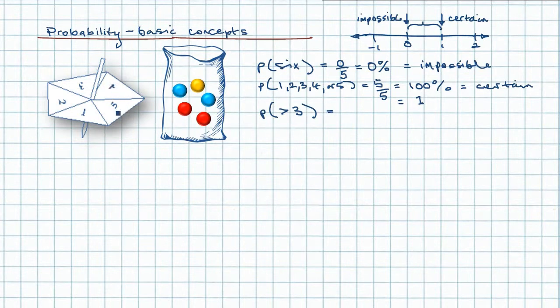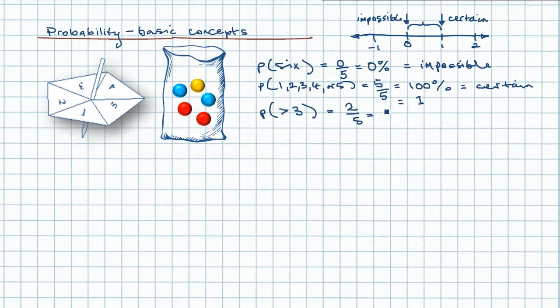There are two possible outcomes, 4 or 5, that's 2/5 of our spinner. And so we simply write it as 2/5. We've got two equally probable outcomes, so 4 and 5, 1, 2 and 3, they're all exactly the same area here, so exactly the same chance of landing on them. So we've got 2 out of 5 possible outcomes, giving us 2/5.